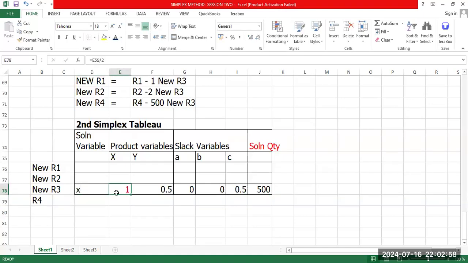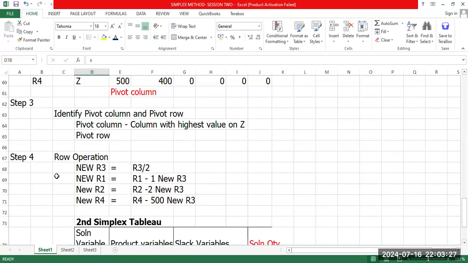Because after applying the formula, you have 1 on the product variable. So that's why you are changing. Every time you apply a formula and you get 1, you change the slack variable to product variable, but you change once.